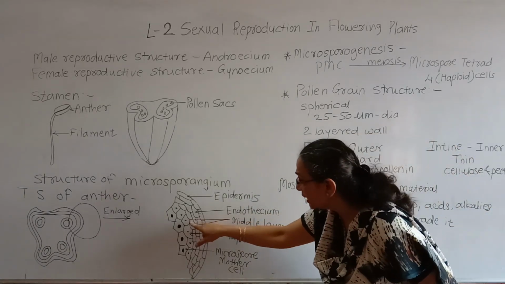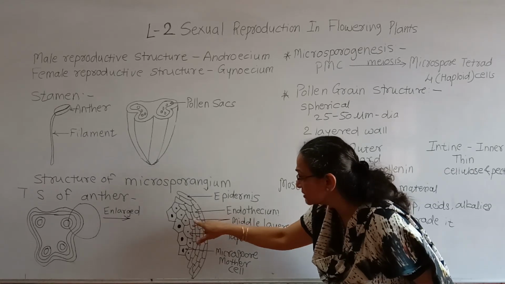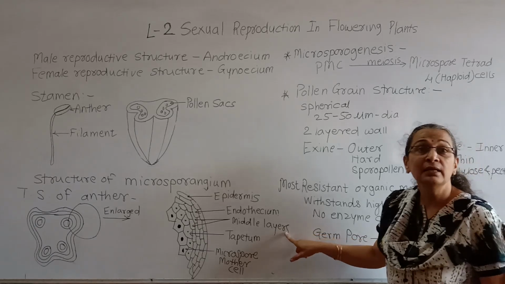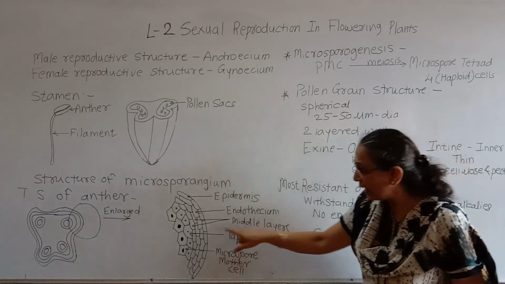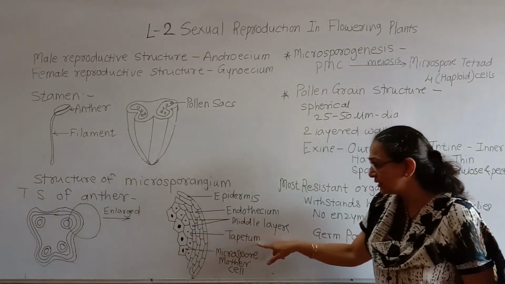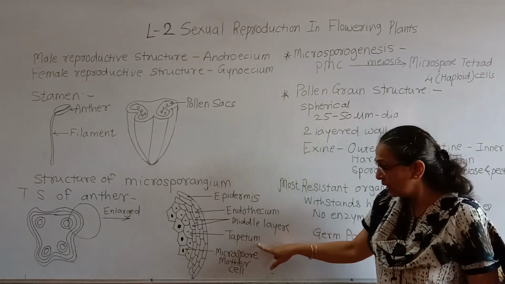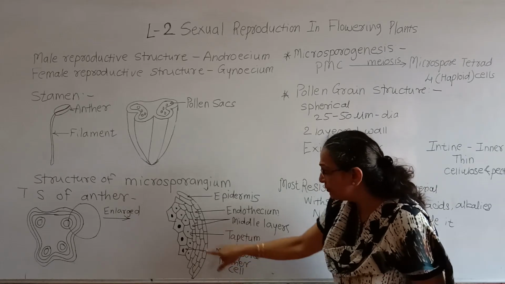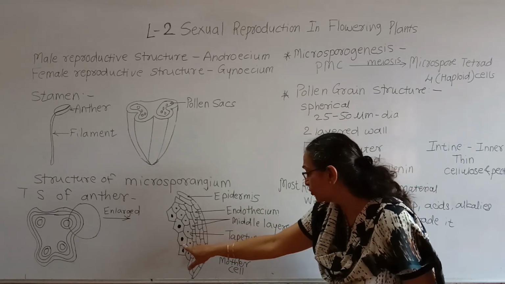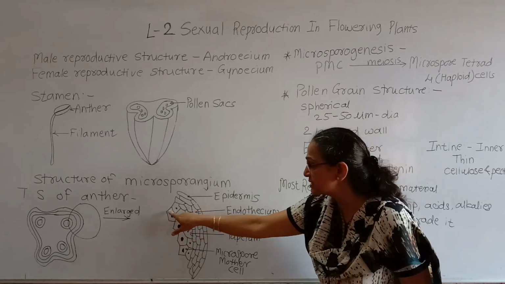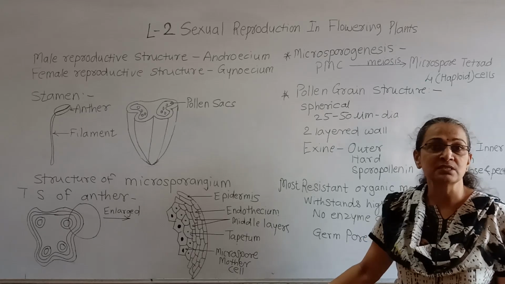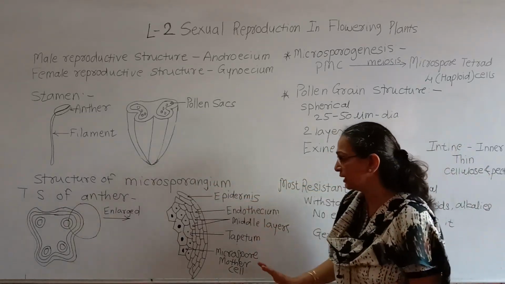The third and fourth layers, 2 layers, so arrows are coming to these 2, are called the middle layers. And next to it is the tapetum. Inside the tapetum, there are pollen mother cells or microspore mother cells. These will now undergo meiosis and will produce the pollen grains.